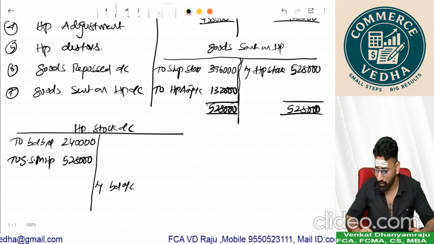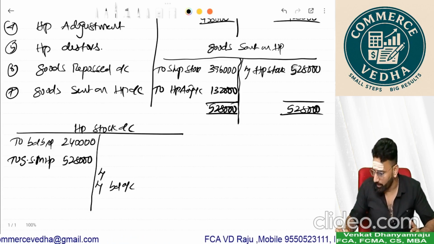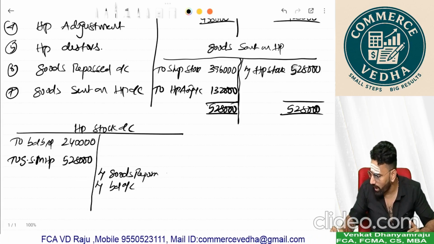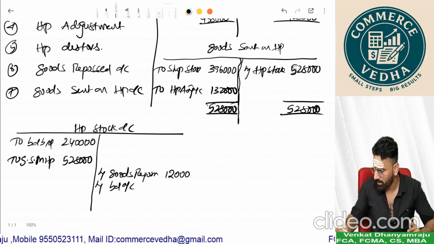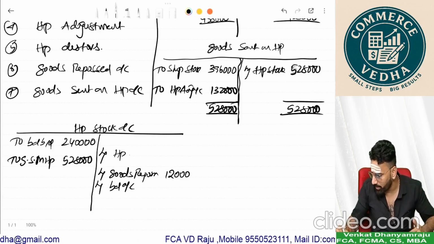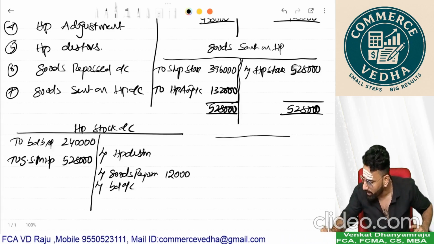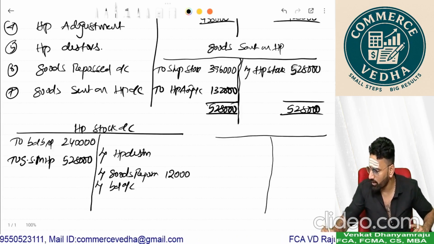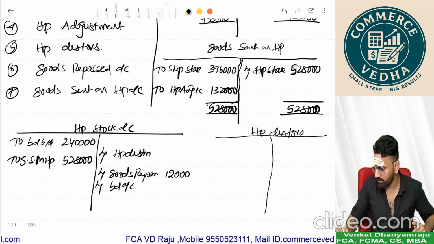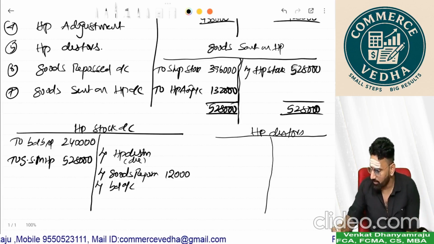By balance, we should identify, and we have by goods repossessed, all at hire purchase price only, and by installments due, hire purchase debtors. We already know, but we should prepare now in this method. Hire purchase debtors is nothing but installments due. What is it that we need? We should know. Then we'll get the closing balance.